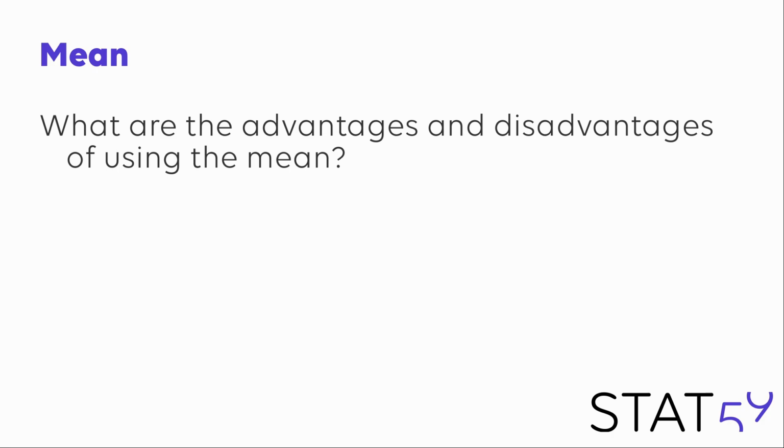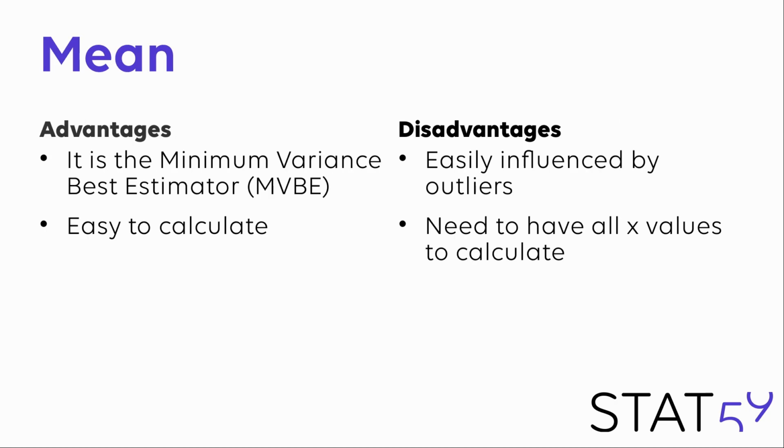Now, what are the advantages and disadvantages of using the mean? We see it used all the time, and why? Well, the advantage is it's what we statisticians call the minimum variance best estimator. If you really want to know the center of a population, then the mean is the best estimator, and it's very easy to calculate.